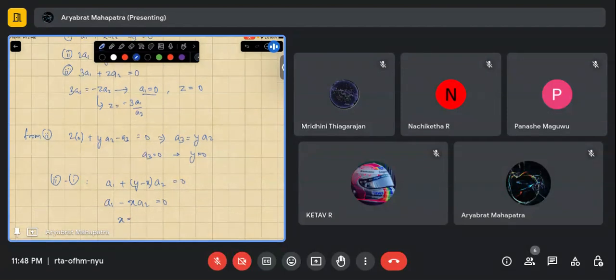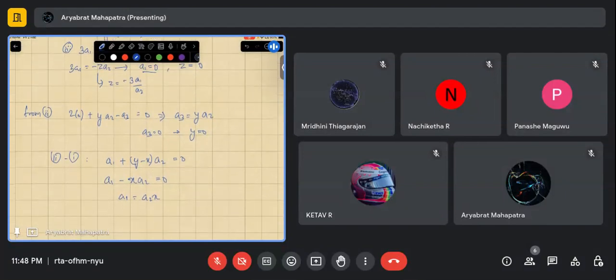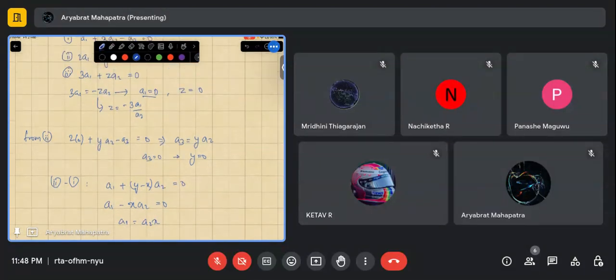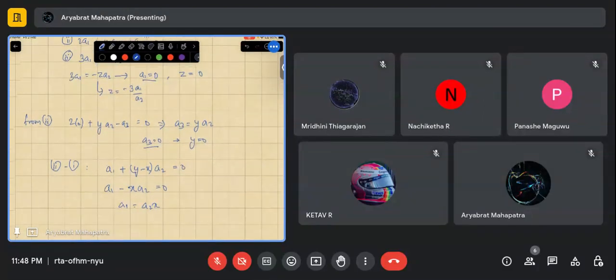Now you can see this a1 is basically a2x. So we again have to enforce a2 to be 0, just like how we were enforcing these conditions earlier, a3 equals 0, a1 equals 0.